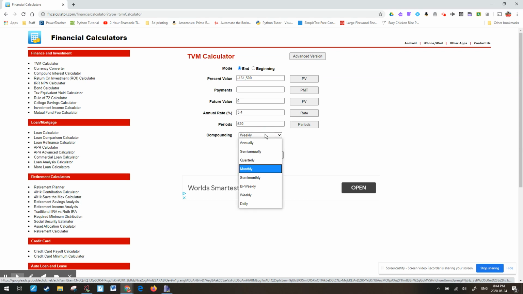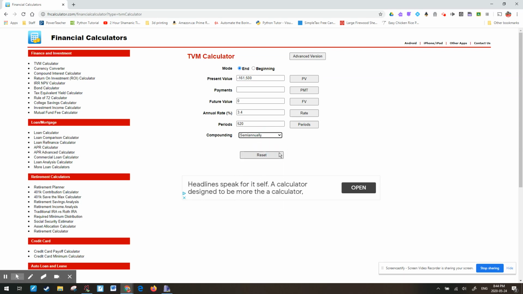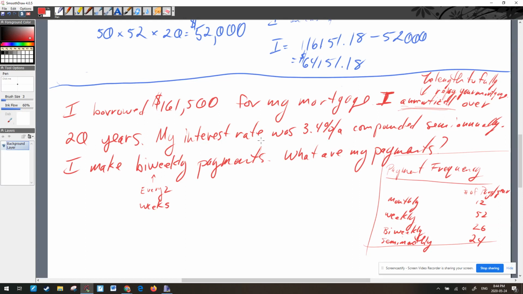And then the compounding, we said it's semi-annually. All the fields are filled in. Oh, and I didn't say when. I make them at the beginning of each period.